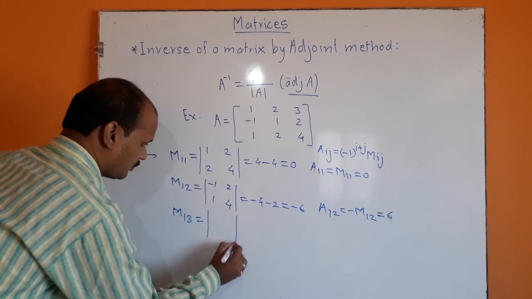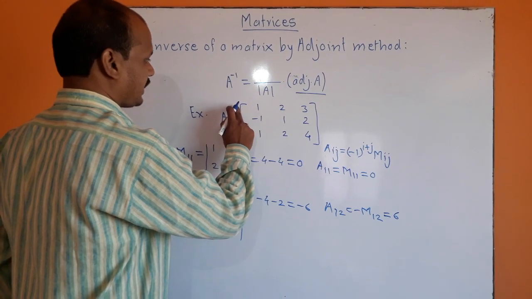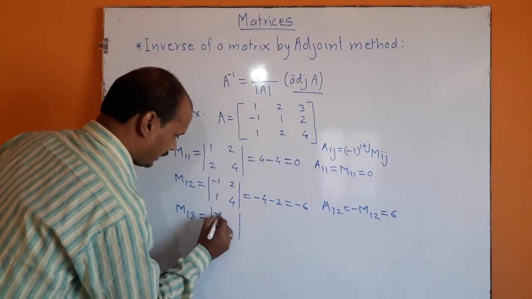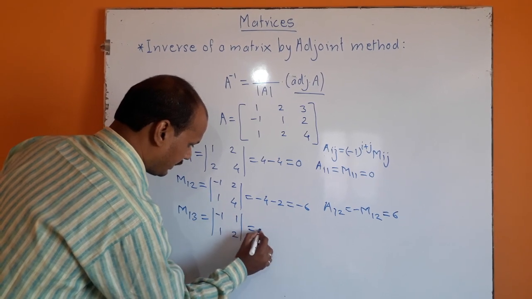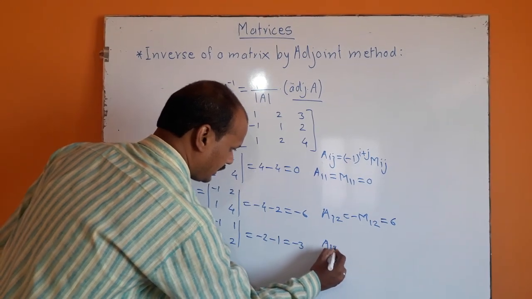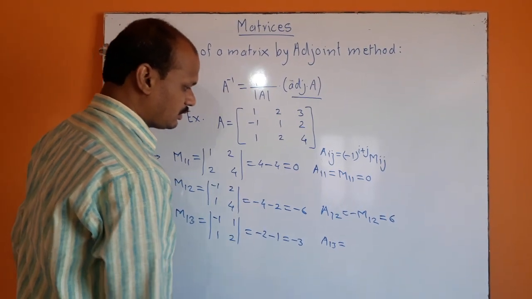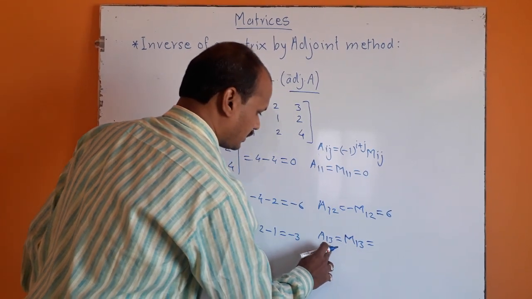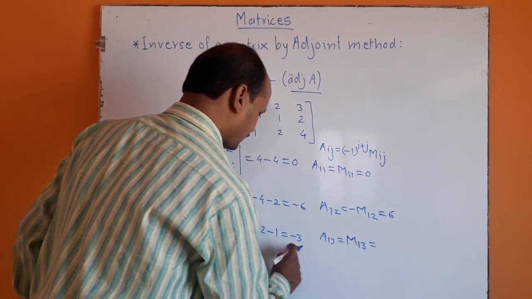M13, the minor of 3, striking off the first row and third column: determinant [minus 1 1; 1 2], which is minus 1 into 2 minus 1 into 1, equal to minus 3. A13 is equal to (minus 1) raised to 1 plus 3 into M13, and since 4 is even, A13 equals M13, which is minus 3.